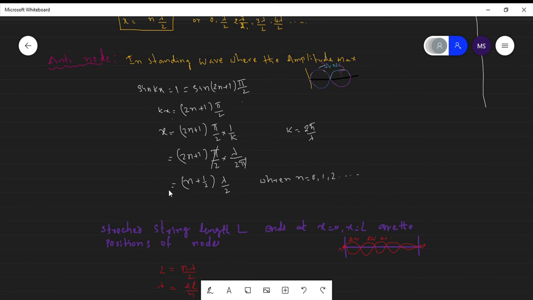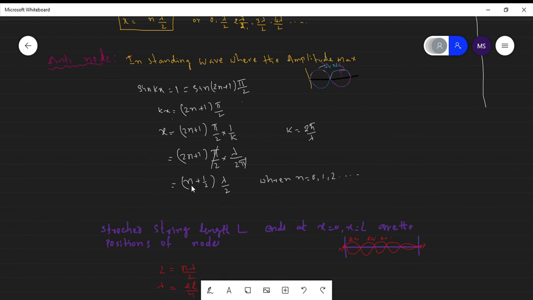By simplifying this equation we can get x is equal to (n plus 1 by 2) into λ by 2, where n is 0, 1, 2, 3. So these are the locations.